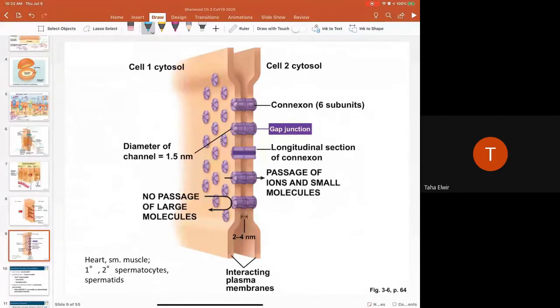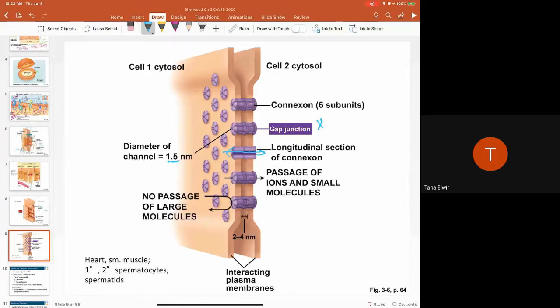Gap junctions are designed so that if the particle size is less than 1.5 nanometers, like water, electrolytes, and hormones, they can go from one cell to the other using this gap junction.